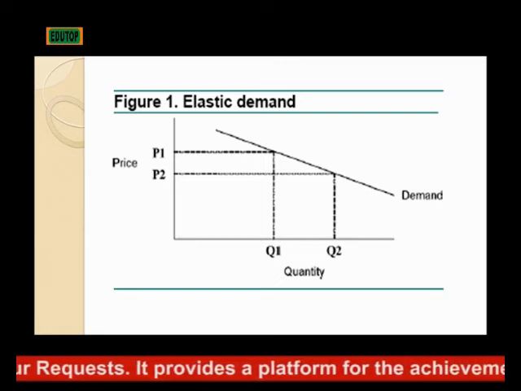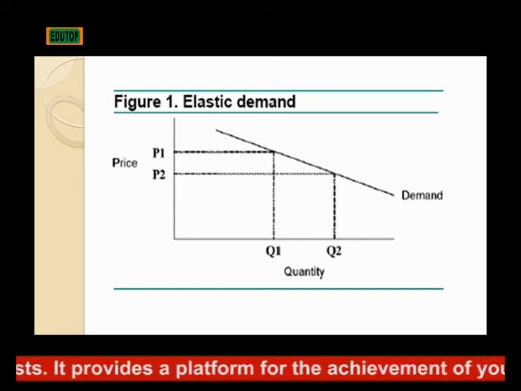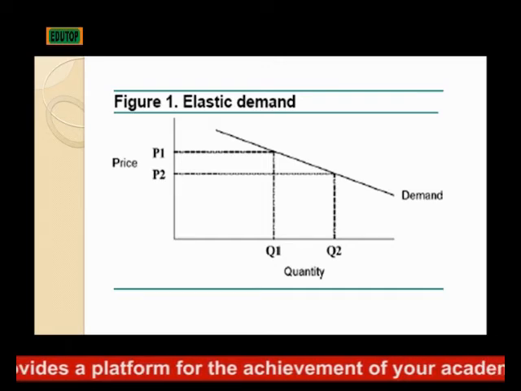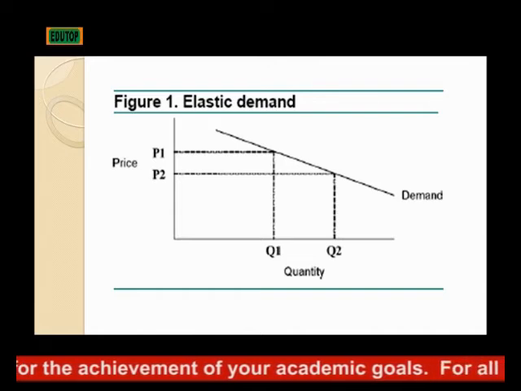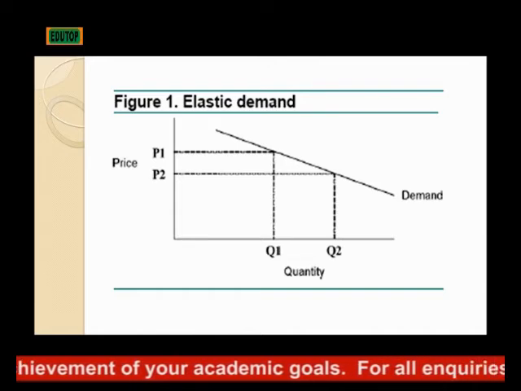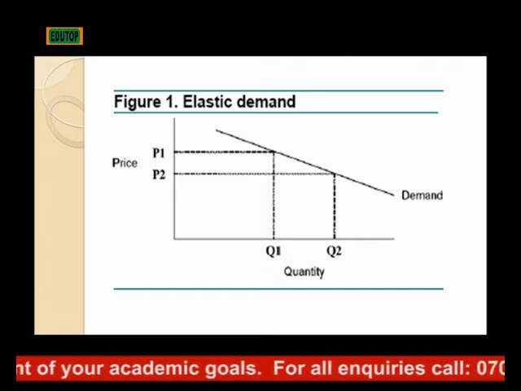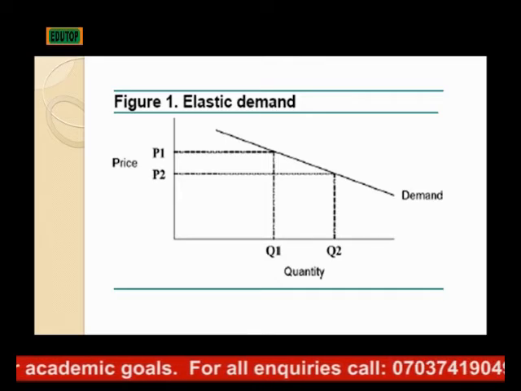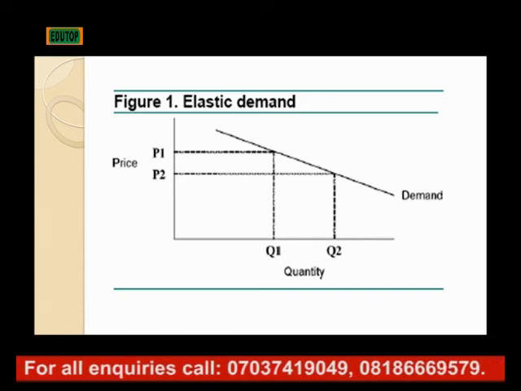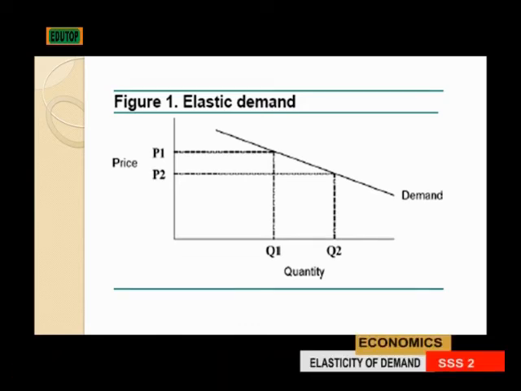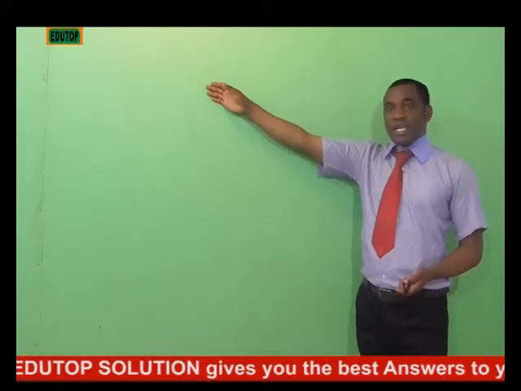When price reduces to P2, the quantity demanded changes to Q2. But we can discover that the change between P1 and P2 is smaller compared to the change between Q1 and Q2. That means there is a greater change in quantity demanded in relation to the smaller change in price.